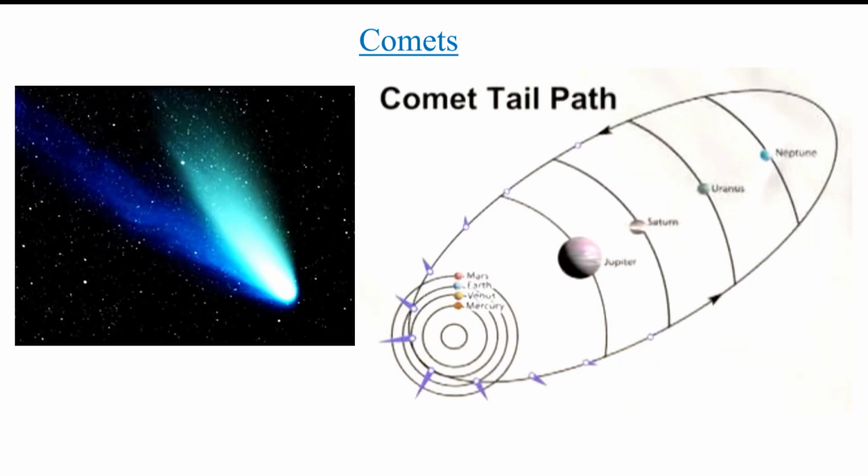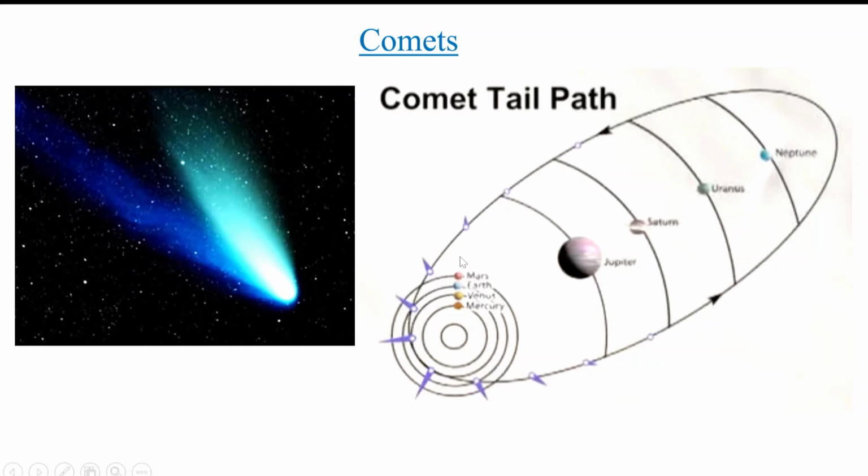The more dense material will be present on the head of the comet, and relatively less dense materials will get away or disintegrate from the core of the comet, and they will form the tail. But it happens only when it is coming very close to the sun.